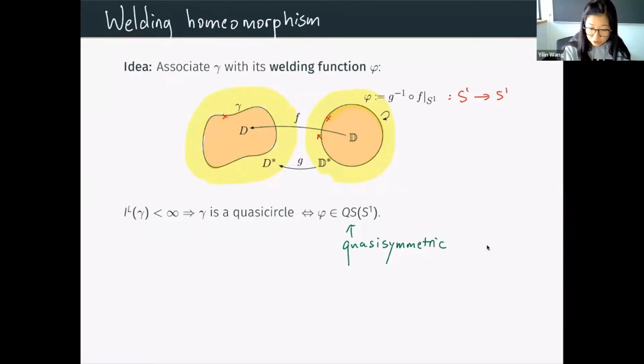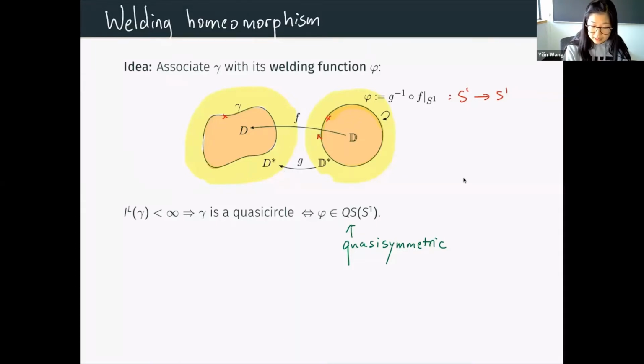And quasi-symmetric just means that if you take any 3 points on the circle, say equidistant, then in the image, the ratio of their distances is bounded above and below by the same number. So one can characterize some properties of the curve using their welding homeomorphisms.